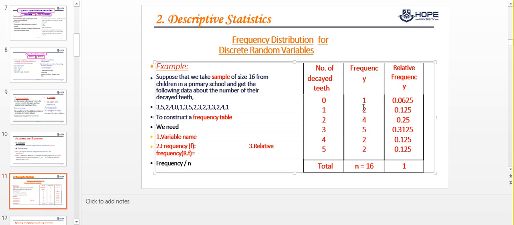These are the frequency numbers of individuals, and these are the numbers of decayed teeth, so we have a sample of 16. Relative frequency means we calculate the percentage of each frequency number. For example, we divide 1 by 16 and get this number, the percentage of that number to the whole. We also call it relative frequency.